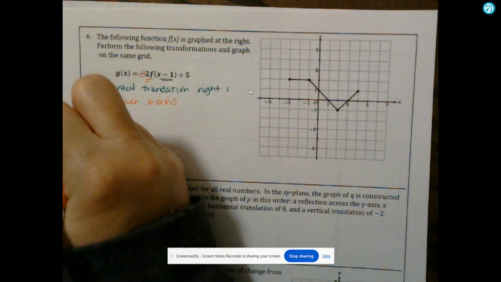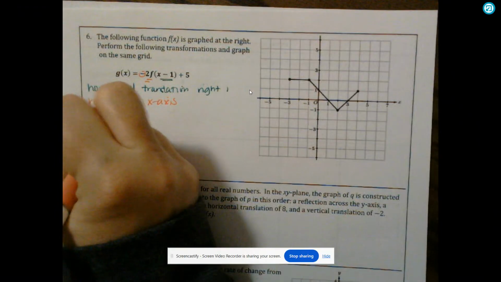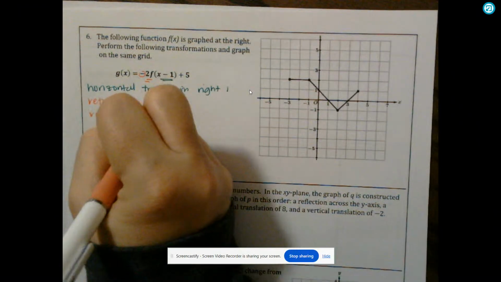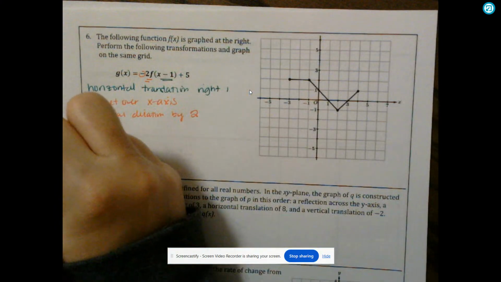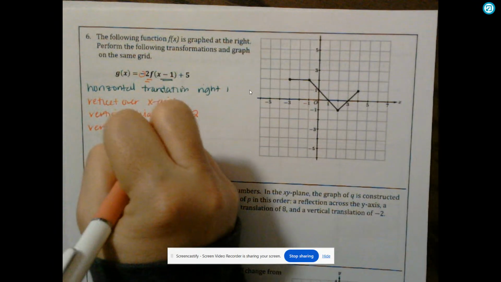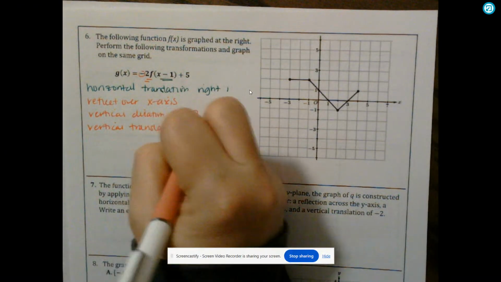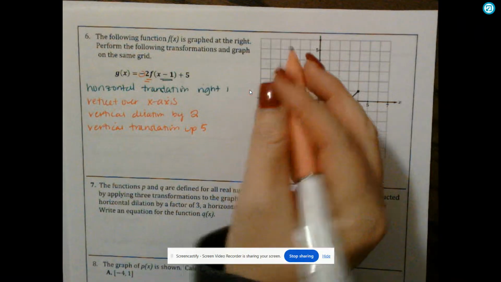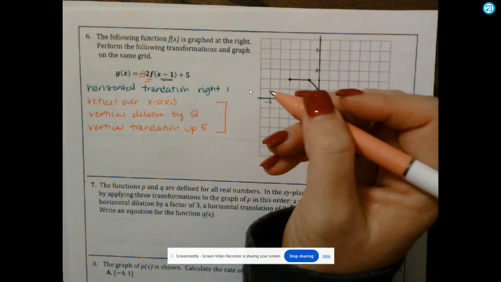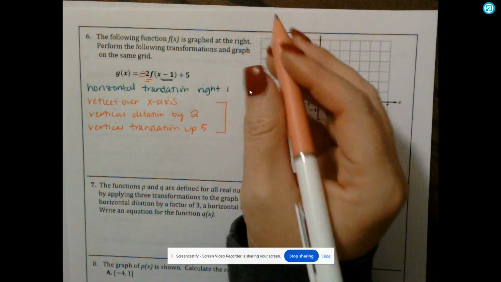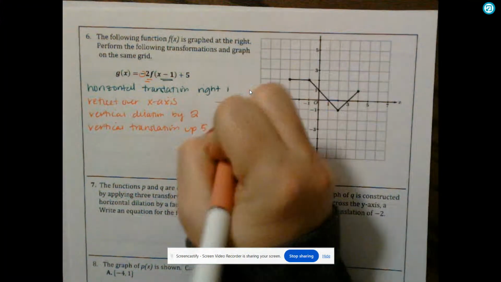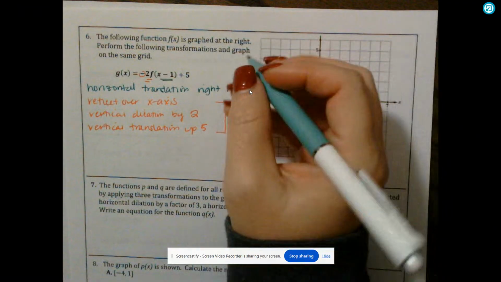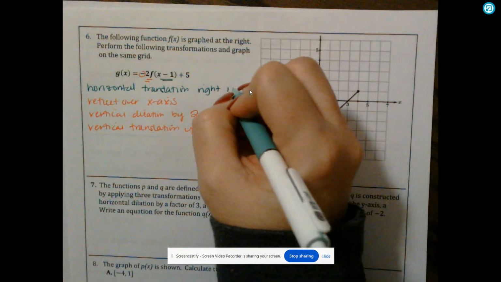I've also got a vertical dilation by 2, and I have a vertical translation up 5. Now all 3 of these, reflecting over the x, vertical dilation, and vertical shift, affect our y's. And this is going to affect our x.